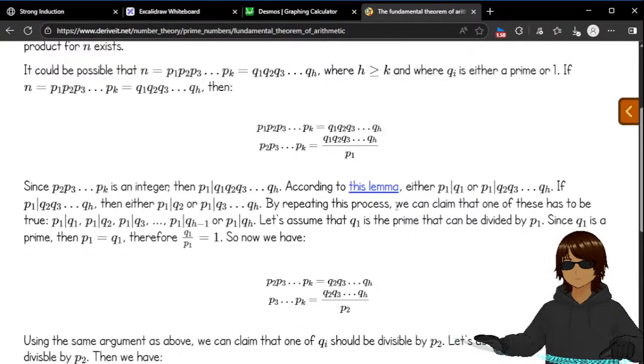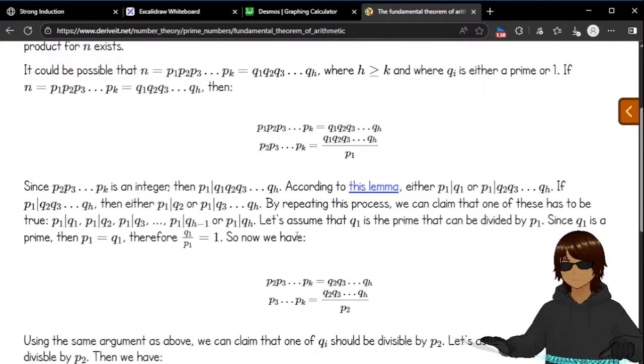By repeating this process, we can claim that one of these has to be true: p1 divides q1, p1 divides q2, p1 divides q3. Let's assume q1 is the prime that can be divided by p1. Since q1 is a prime, then p1 is equal to q1.